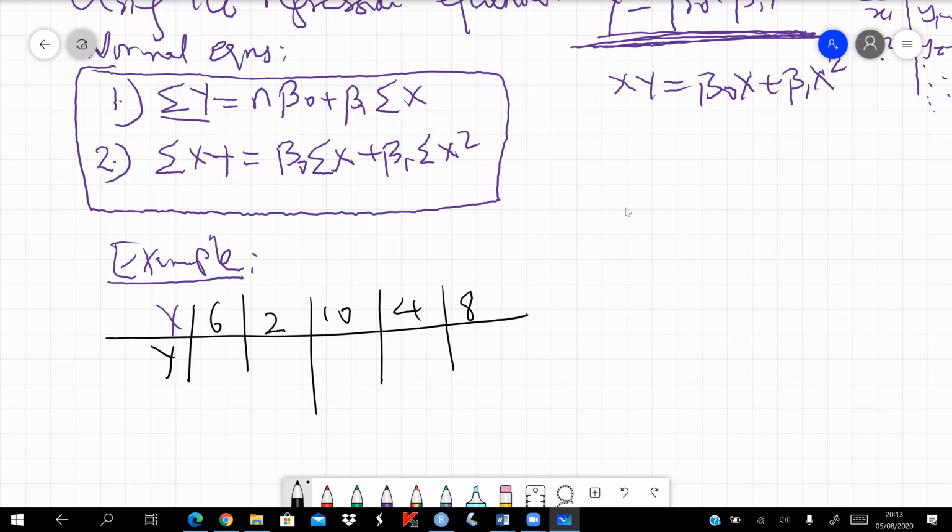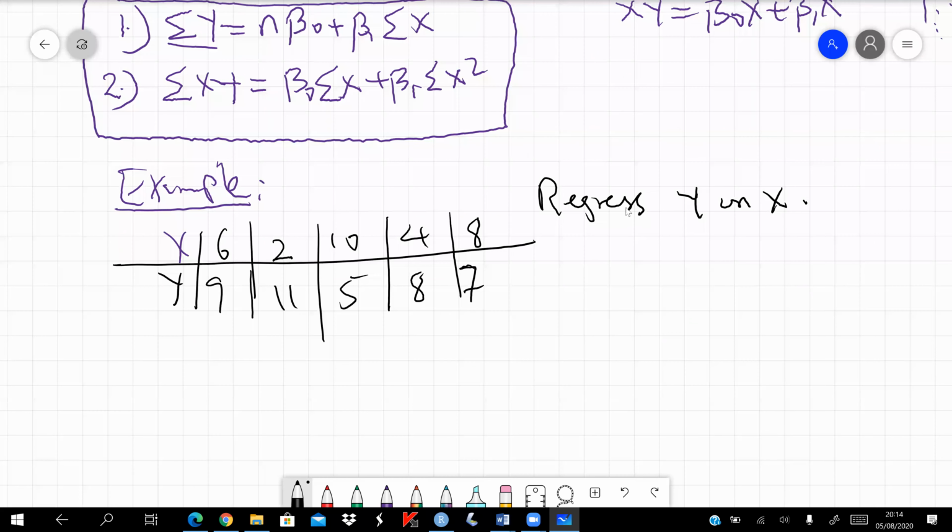Then here we have 9, 11, 5, 8, and 7. So assume the objective is to regress Y on X. That example is in your notes, so you can find the other story in your notes.